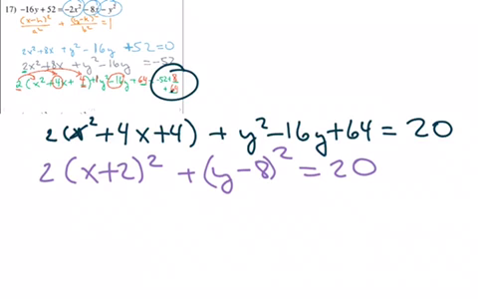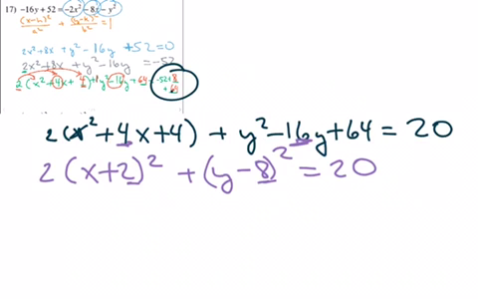Okay, if you're wondering what I did here, all I did was take this value when I divided by 2, I got this, and when I divided by 2, I got this. Okay? So from here, let's go with blue.